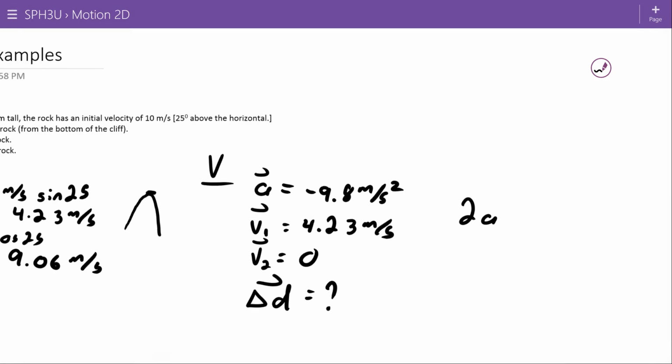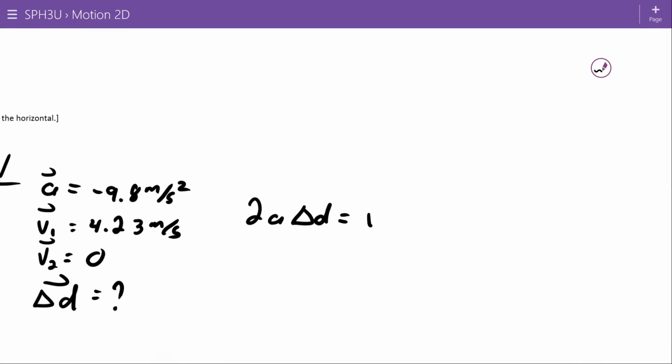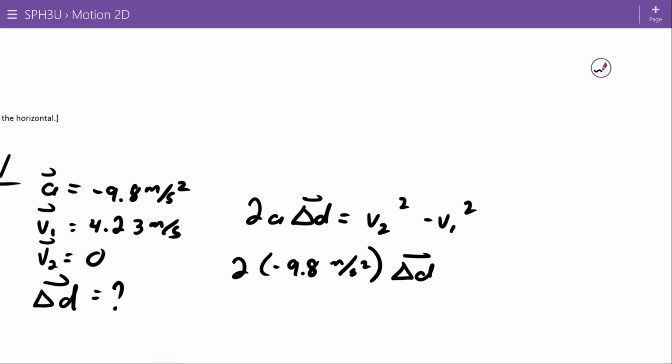So 2a delta D is equal to V2 squared minus V1 squared. 2 times negative 9.8, delta D, is equal to V2 squared, which is 0, minus 4.23 meters per second squared.